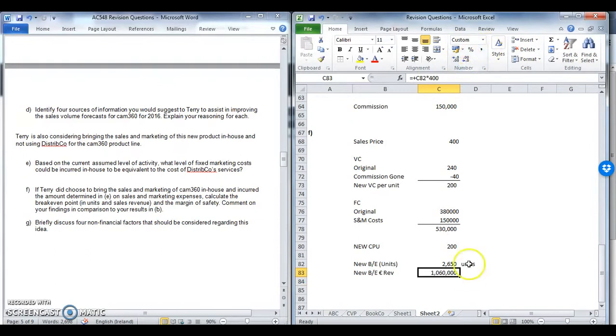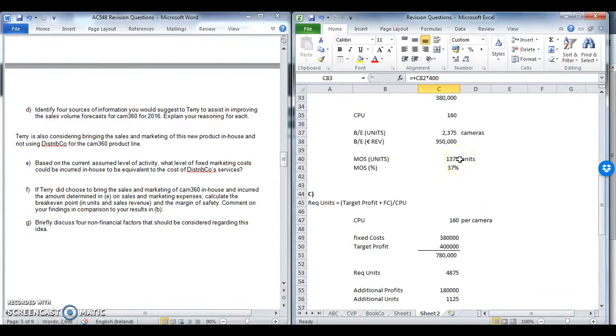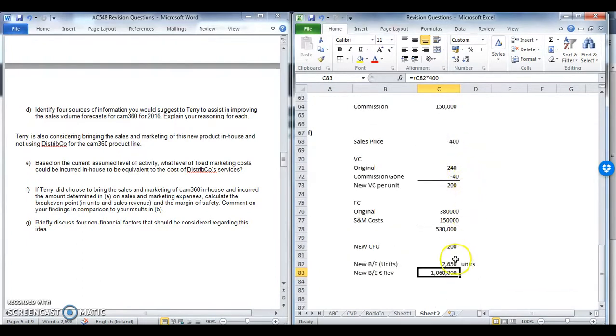So on a high level, our break-even has gone from, they were originally 1375, it's now gone up to 2650. So it is nearly doubled in comparison to what our break-even point was before.